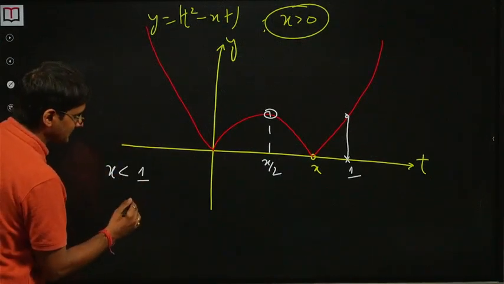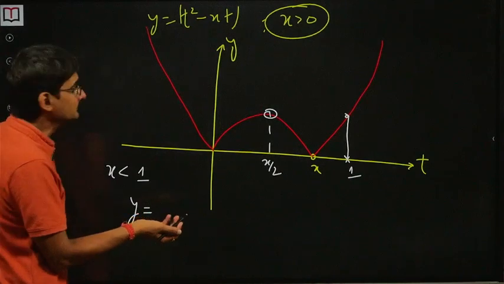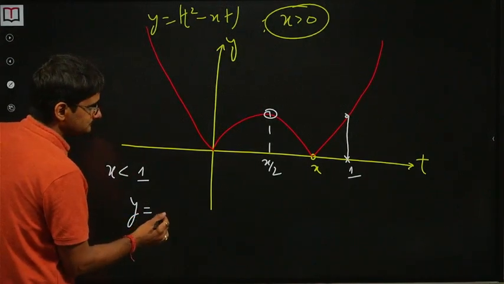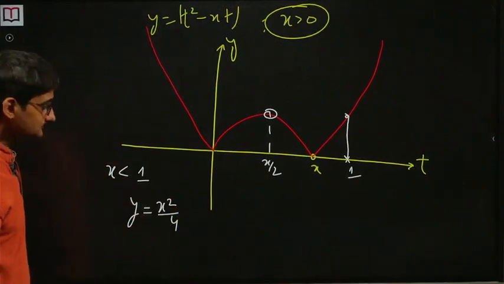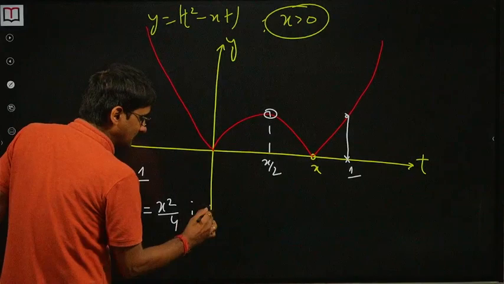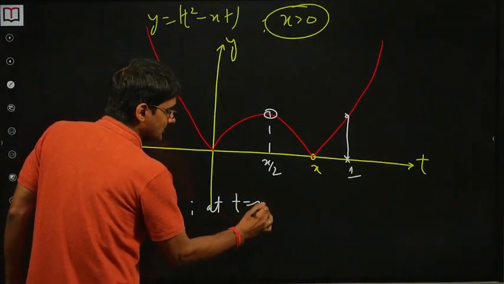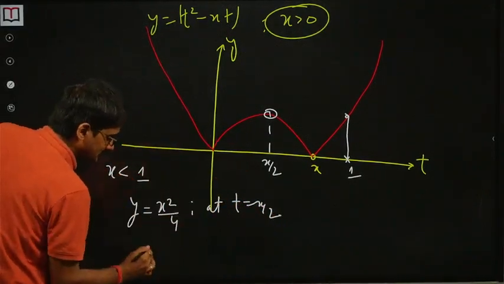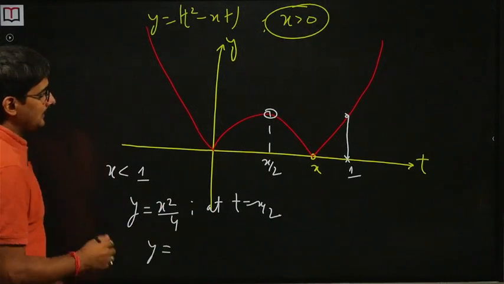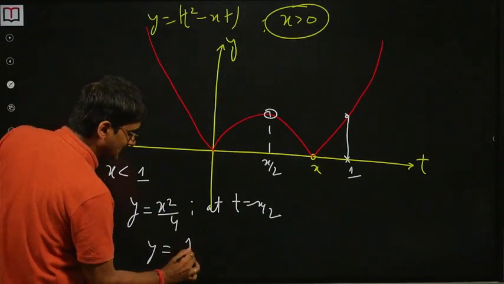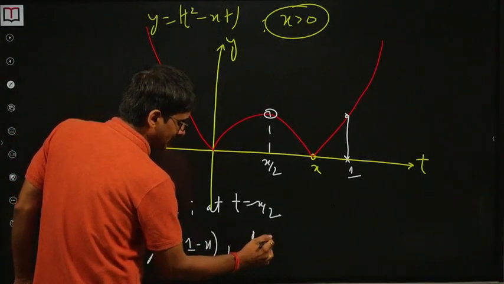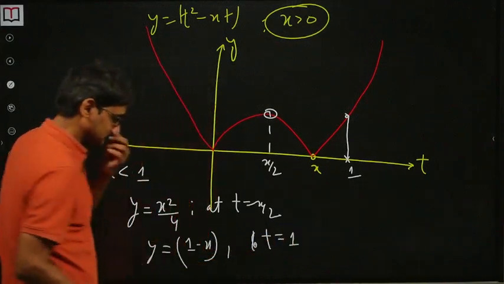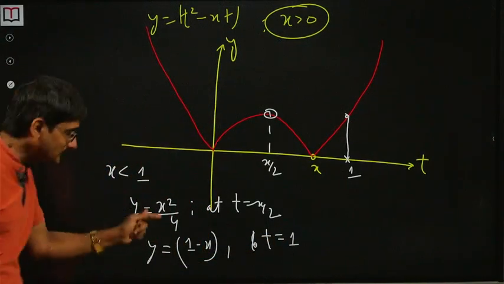The value at the vertex x/2 is x²/4, after putting the mod. And the value at t equal to 1, since x is less than 1, is 1 − x. Now which one of them is larger?